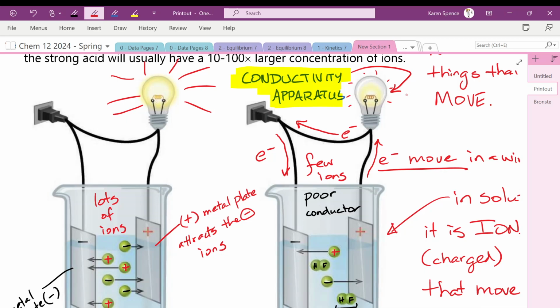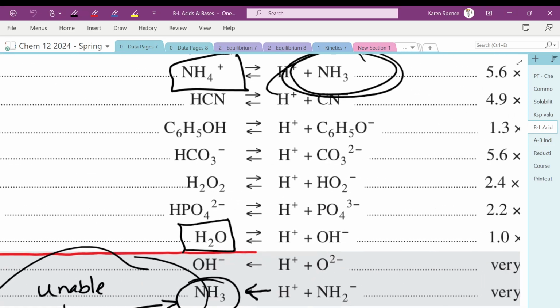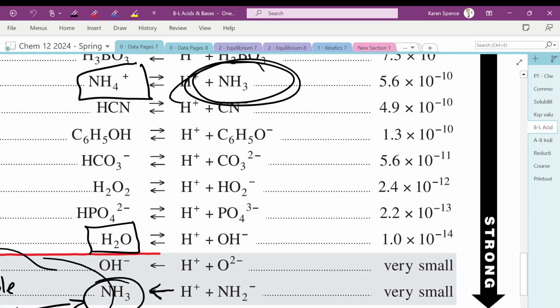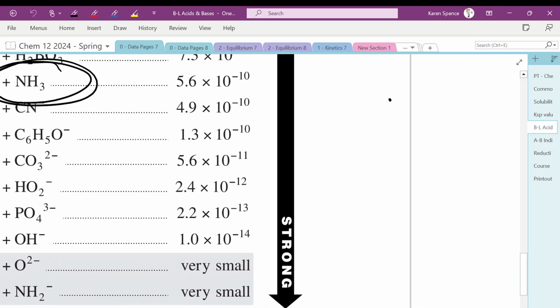Why is that? There's no ions. Okay, actually, to be honest, there are very few ions because water does dissociate a tiny little bit, and we're going to learn about that later. But look at that Kw value, 1 times 10 to the negative 14, which means the concentration of hydrogen ion is 1 times 10 to the negative 7, and hydroxide is 1 times 10 to the negative 7.